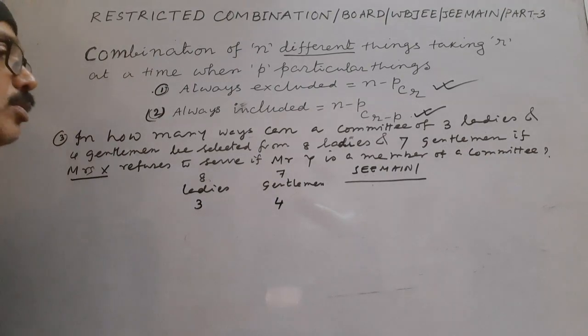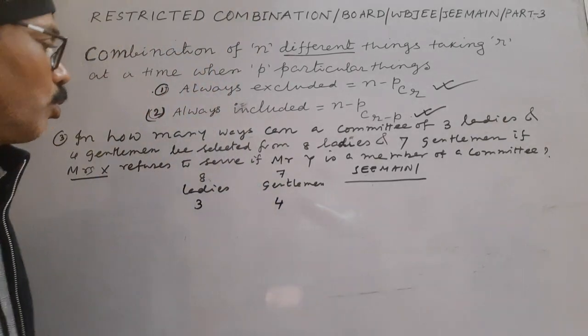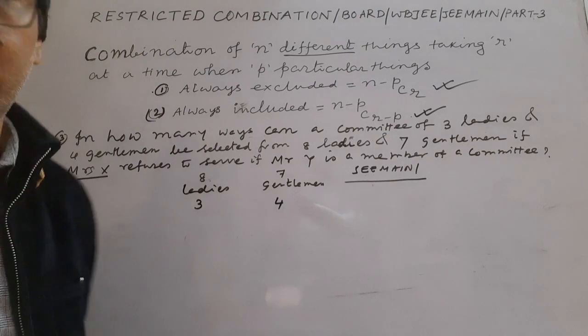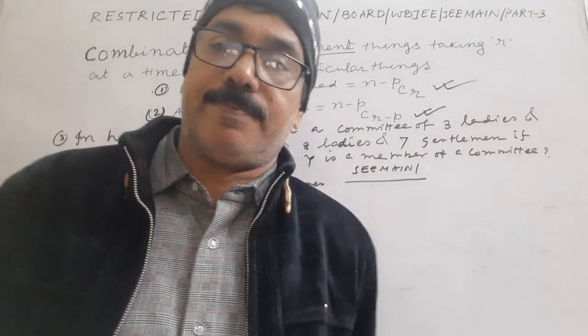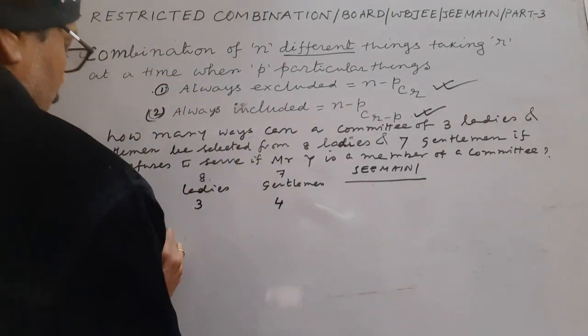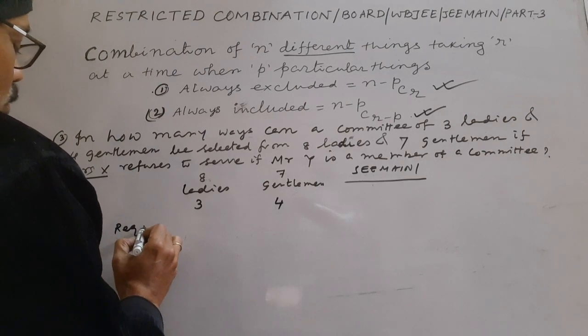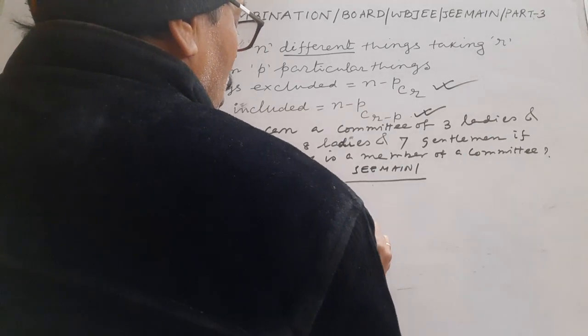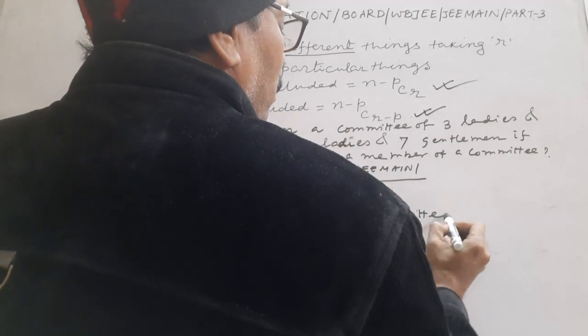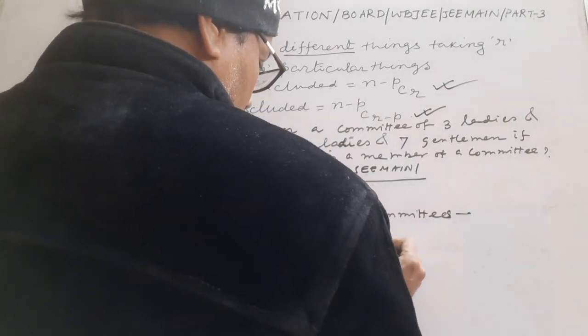So look, just like the previous one, we solve this problem by total number of committees minus the number of committees in which Mrs. X and Mr. Y are both present. So the required selection equals total number of committees minus number of committees in which Mrs. X and Mr. Y are both present.